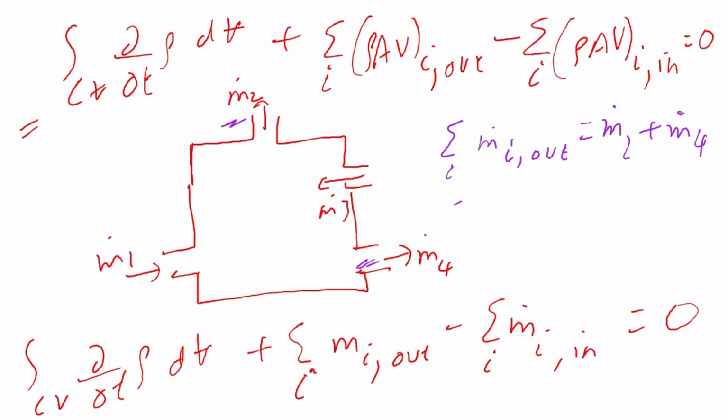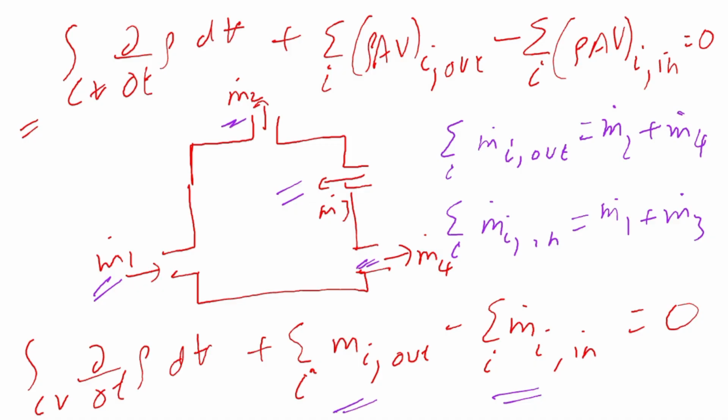And then summation of i m dot i in: which are the two coming in? m dot 1 is coming in and m dot 3 is coming into the system, so m dot 1 plus m dot 3, right? So all that it says is add up all the mass fluxes coming into the system and subtract that from the sum of all the mass fluxes going out of the system. That's all that it is saying.